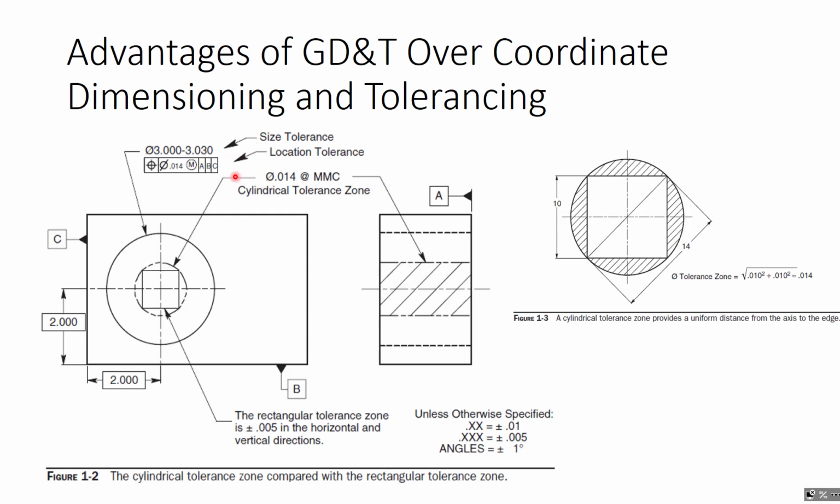So when we call out a position tolerance, the position tolerance is the circle with a crosshair. We use a diameter symbol. So instead of identifying a plus minus system relative to a true position or the center point, we establish a circle going around there within which the center line of your hole must fall.